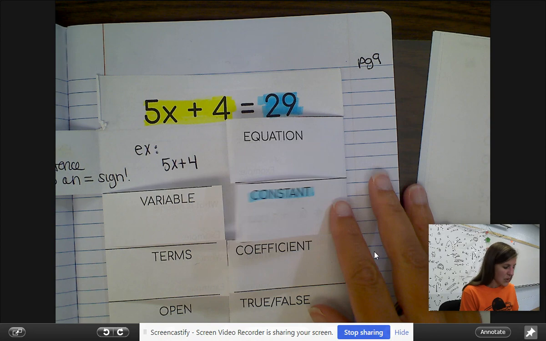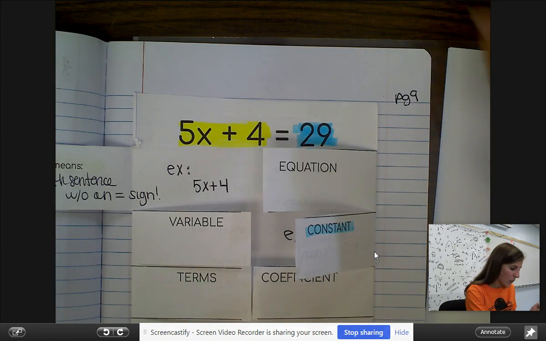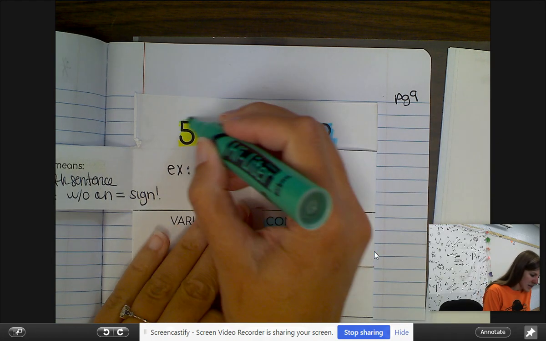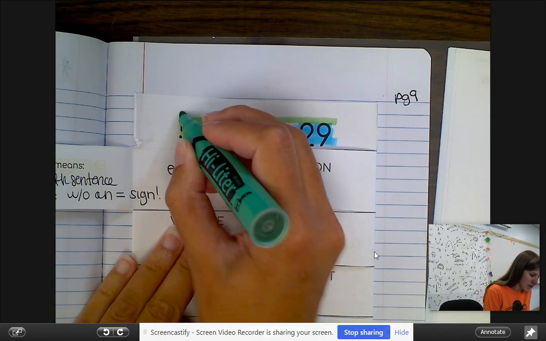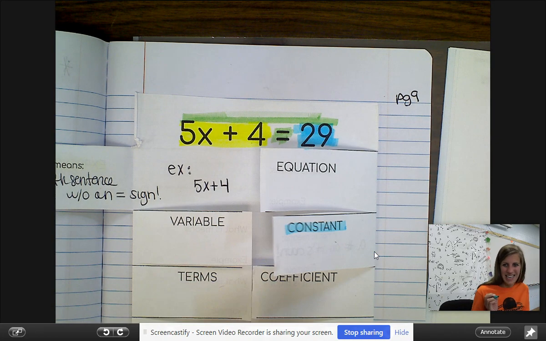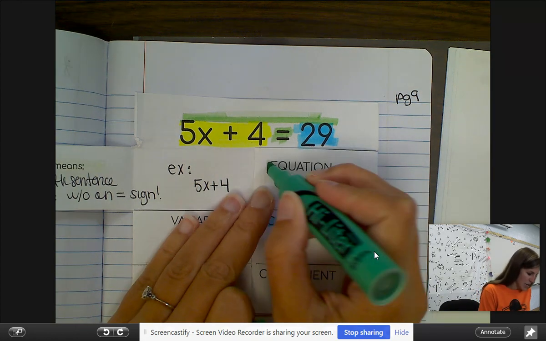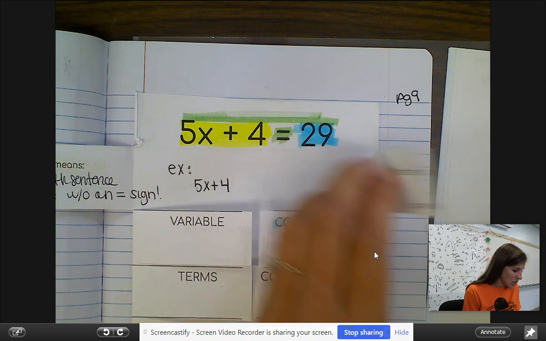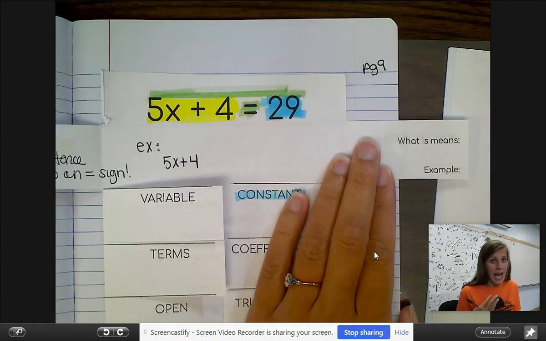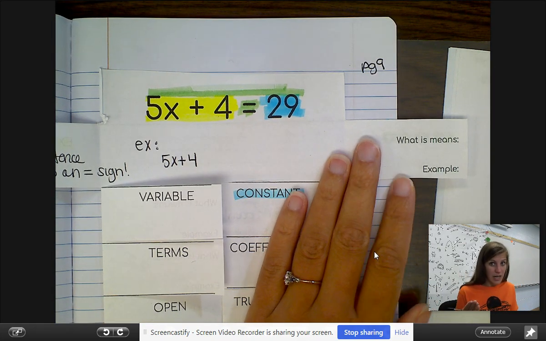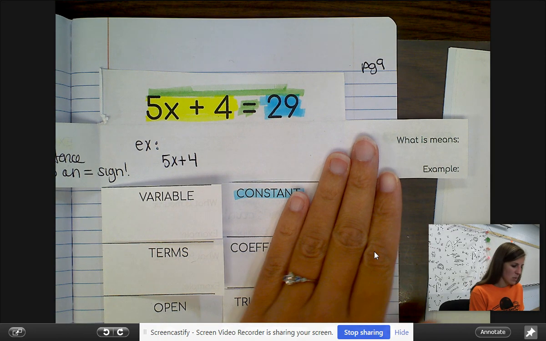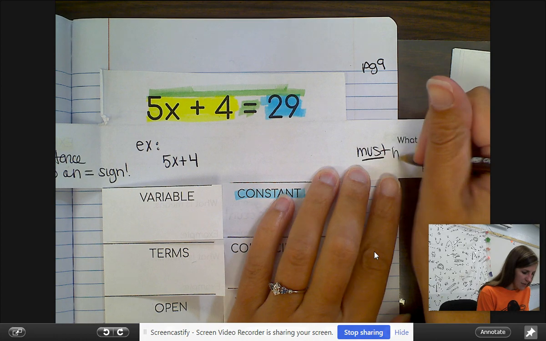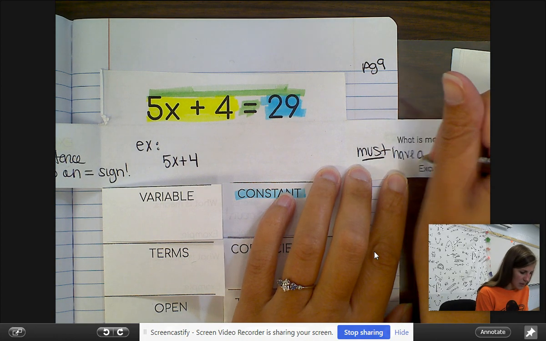Okay, so then I actually want to go back now and talk about the whole thing. So once I put the two together with our equal sign, so this whole thing now, specifically our equal sign, then we have an equation. So an equation is a list of numbers, add, subtract, multiply, divide, whatever, but it must have an equal sign.